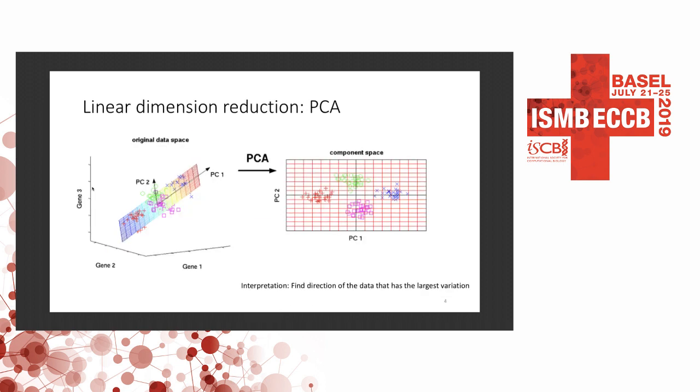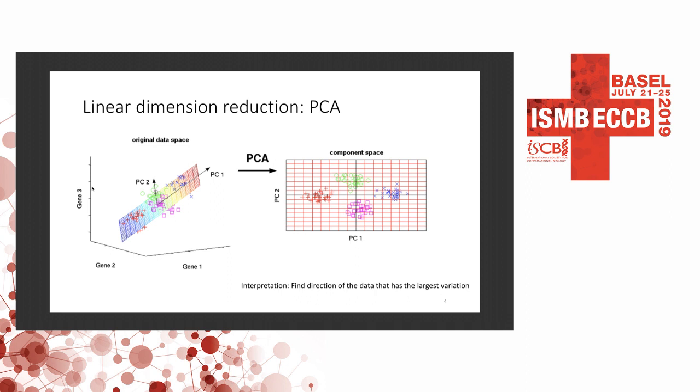So if you have learned some course on statistics, one thing you may be familiar with for dimension reduction is using PCA. PCA is a linear dimension reduction tool, which means that, say, this is the higher space. Here we can only see 3 dimensions, but actually your data can have tens of thousands of dimensions.